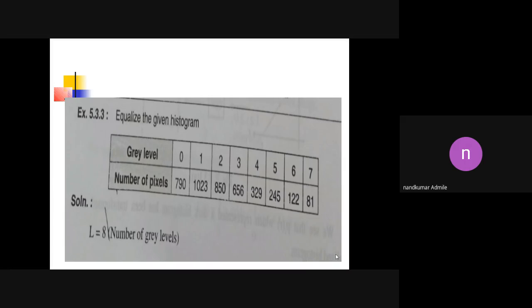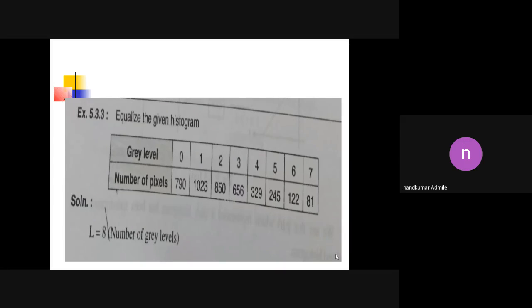The gray levels are 0 to 7, so if we count them, the count is 8. So the length of that histogram is 8. If the gray levels are 0 to 15, then the length is 16. So the length can be calculated from the gray levels.